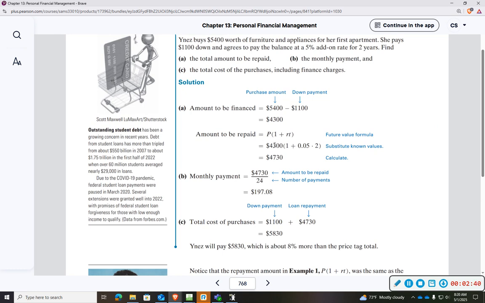So if you multiply the amount financed times 1 plus the interest rate times the number of years, okay, you get that the amount financed is going to be increased by about $430. That's the interest you're going to be paying. You're going to take that amount and divide it by 24, and it's going to tell you how much the equal monthly payments will be over the course of the 2 years.